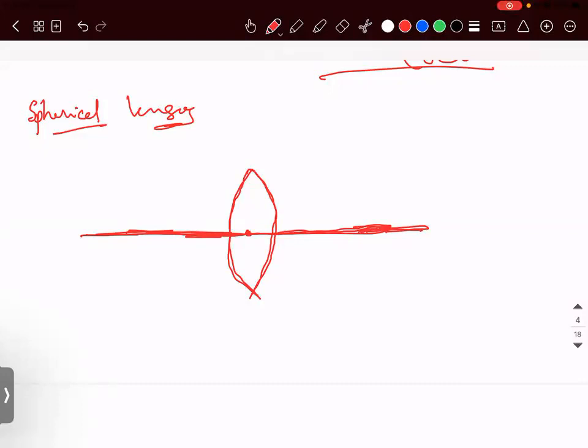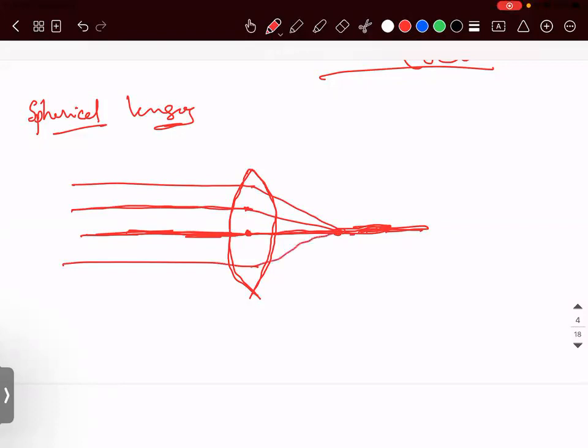So when you take a ray like this, what will happen? It will bend towards the axis, and finally it touches the focal point. This is called the focus.